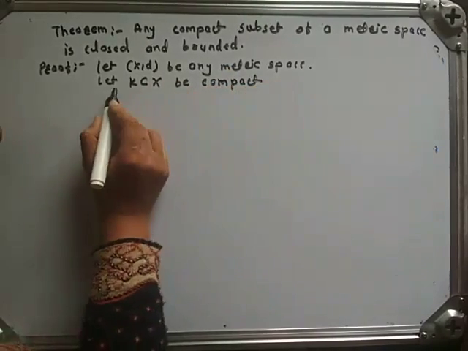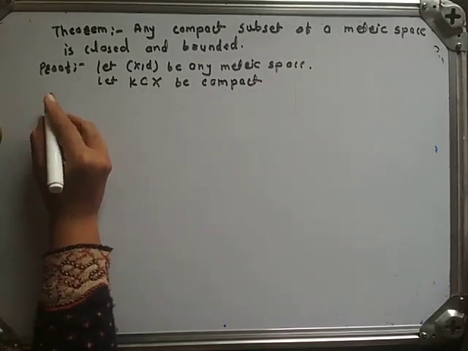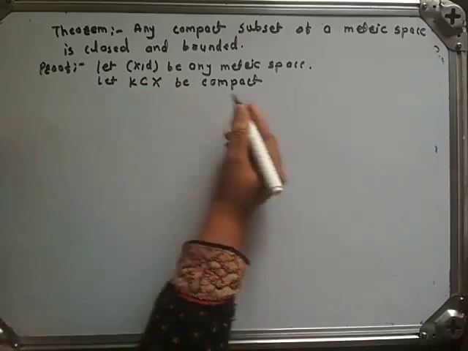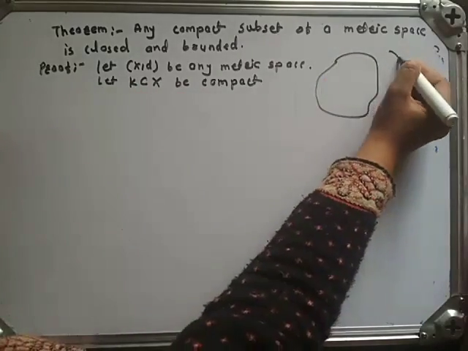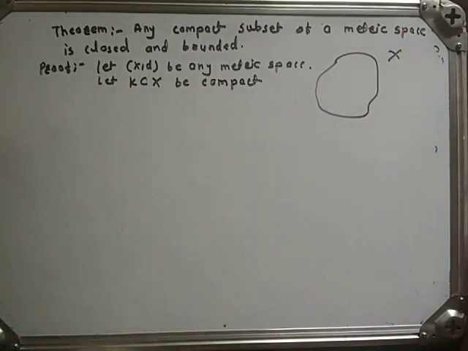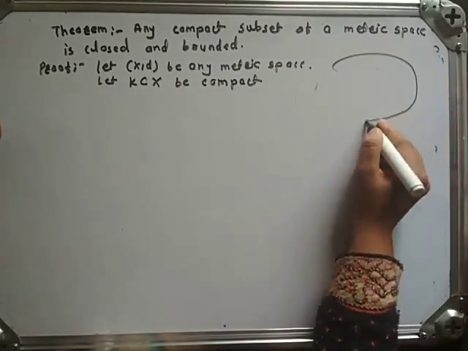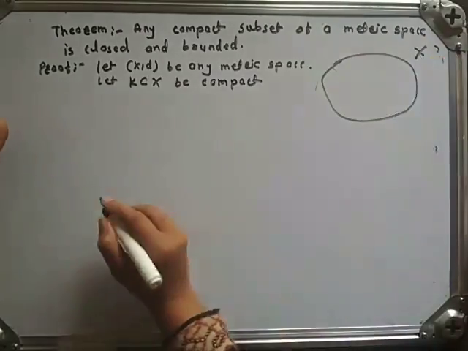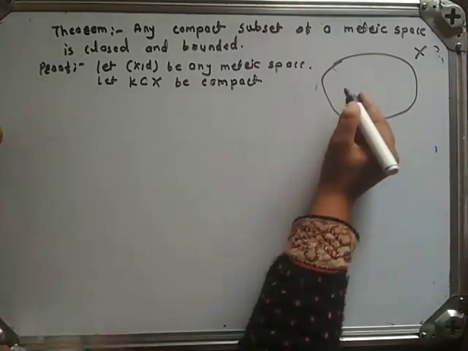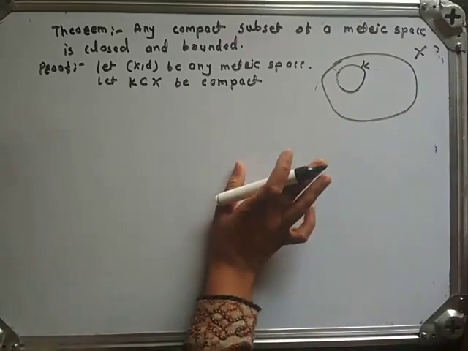We have to show that this K is closed and bounded. Consider this X, a metric space, and K is a subset of X.